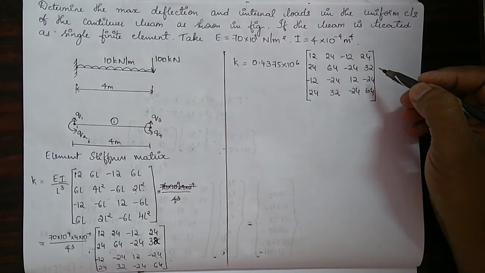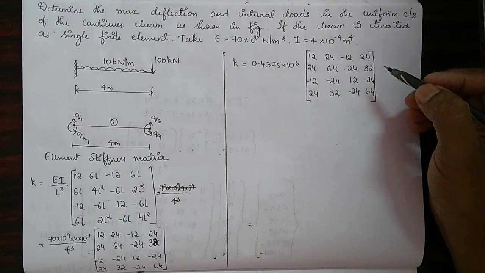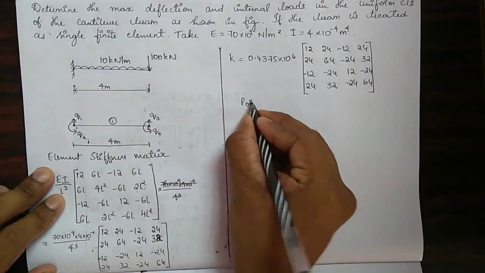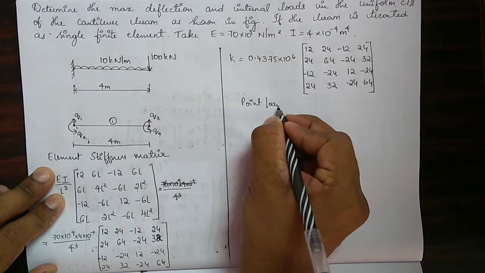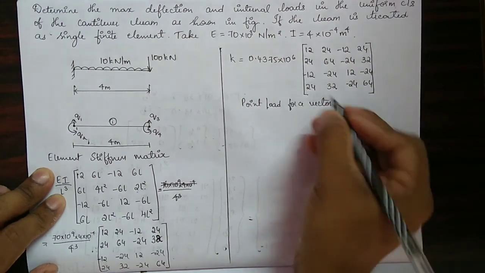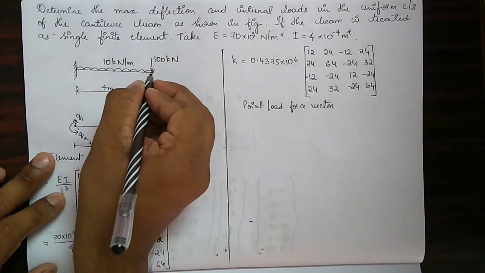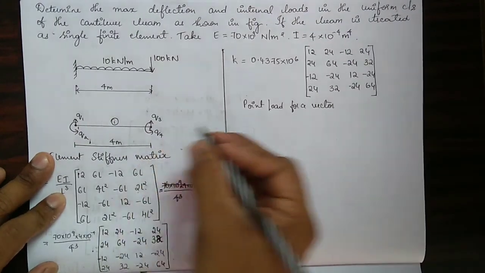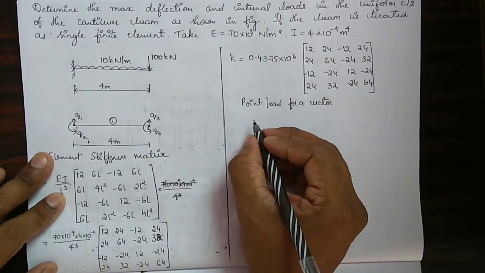So after this, what you have to find is the force vector. First, we will write the force vector for the point load. How many point loads are there here? Only one point load is there, and we have displacements q1, q2, q3, q4, so 4 elements should be there.